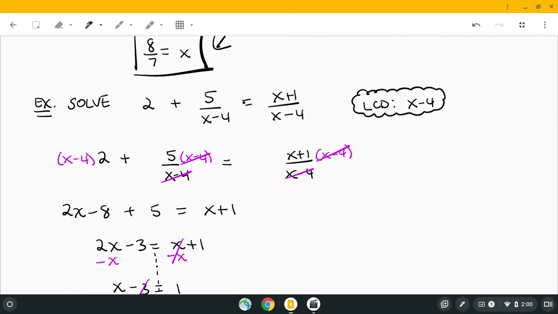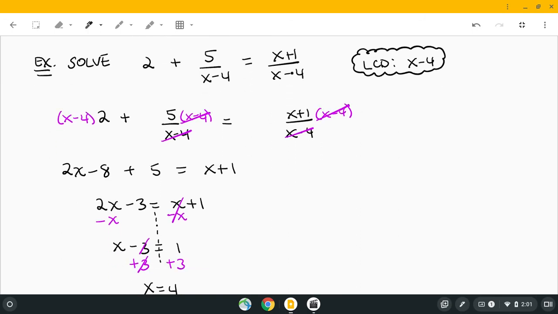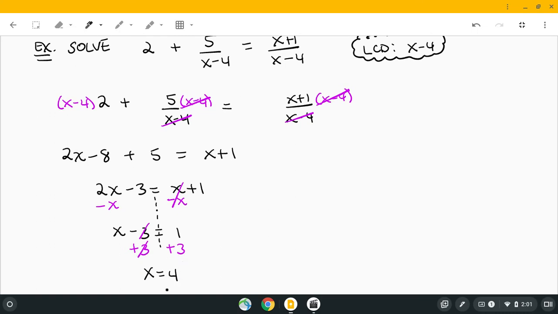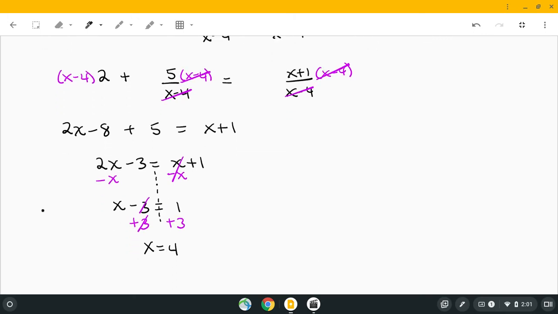But over here, we have x in the denominator, and so we have to worry about the type of answer that we get. We got x equals 4. However, when I plug 4 in for x in the original problem, I get 4 minus 4, and that is 0. 0 in the denominator is undefined. So this answer that we get doesn't work, and so we have to say we have no solution.